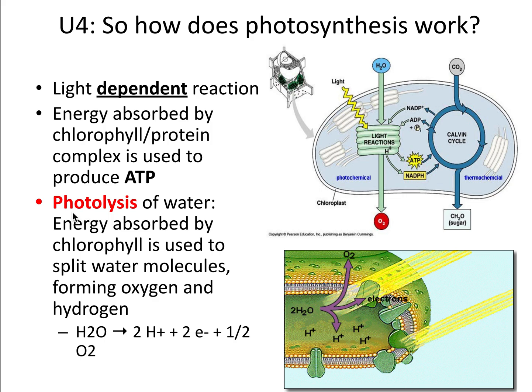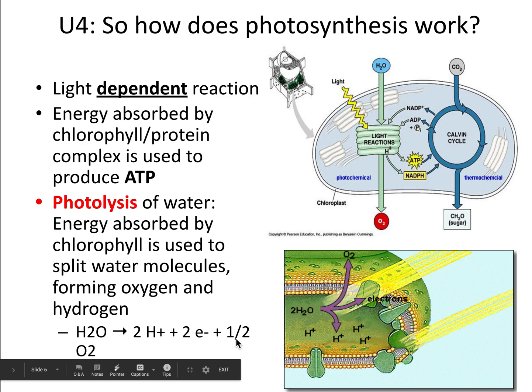It happens through a process called photolysis. Photolysis is basically the splitting of water with light. Anytime you see the word photo in front of it, it means light, and lyse means to split. So light splitting. Photolysis is going to split the water molecule, and what you're going to get in the end is a bunch of hydrogens by themselves and some electrons that are going to be used to make energy, the ATP, and then some oxygens.